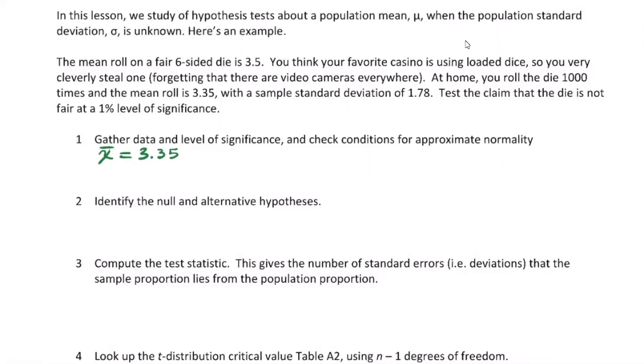Now the standard deviation you're using is a sample standard deviation, which is 1.78, and the sample size was 1,000 rolls. Then you have to check the condition. Oh, let's get our alpha. The alpha is 1%, 0.01. That's again the level of significance.